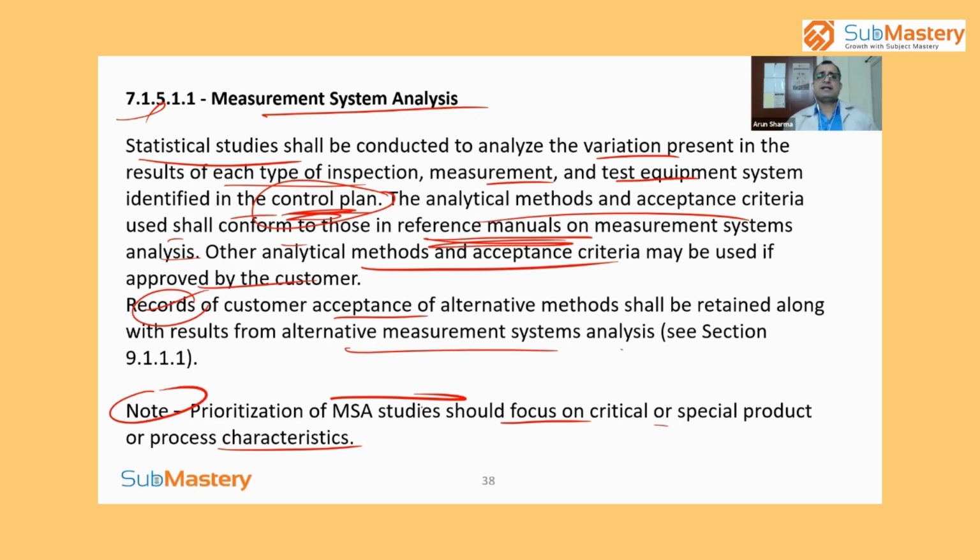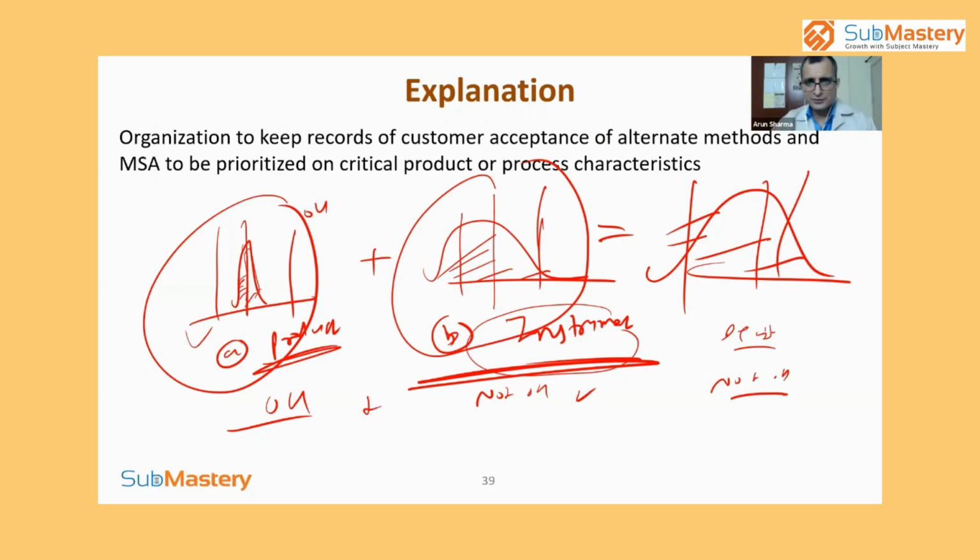So here they have very specifically indicated that MSA needs to be prioritized for those equipment and those dimensions which are used for measuring critical to quality characteristics. So the organization keeps the record of customer acceptance of an alternate method, and MSA is prioritized for critical product or process characteristics. This is very much required.